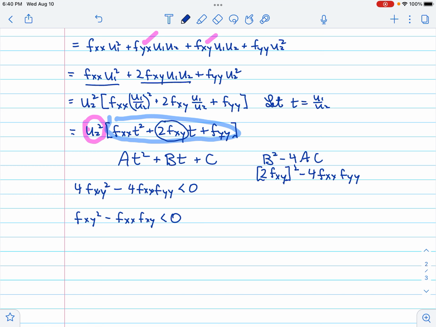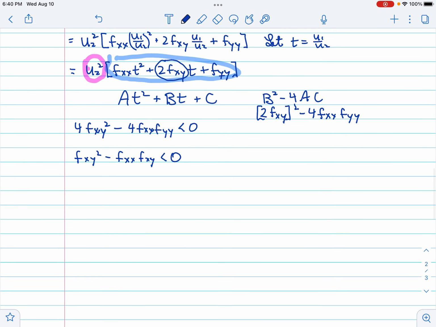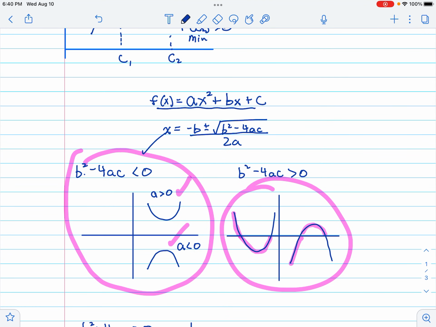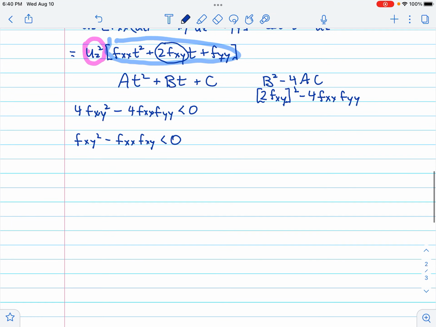So, let's see what happens. Okay? So in this situation, just like the discussion we had earlier, this one right here, remember what we're saying is the second derivative is either always like this or always like this. Either always positive or always negative.